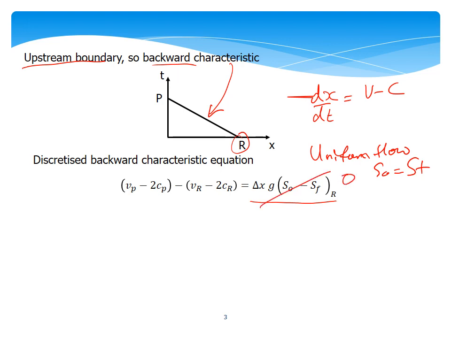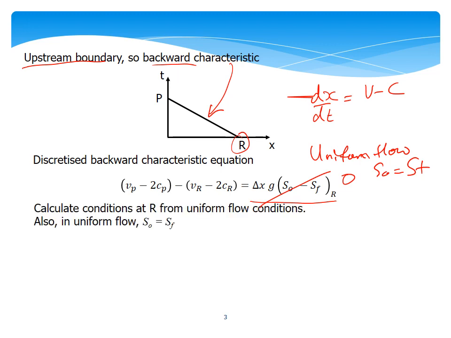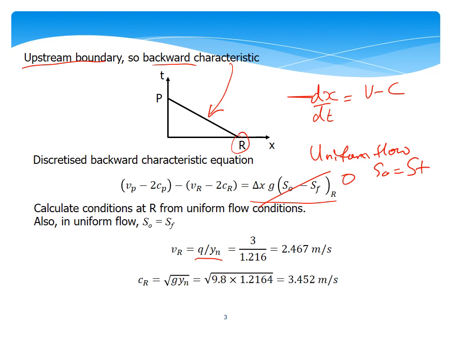We can calculate CR from the depth, and we can calculate VR. We calculate VR by dividing our q, which is 3, by our normal depth to give us a velocity. We calculate CR as the square root of g times yn. That comes out to be 3.452 meters per second, and the velocity in the channel is 2.467 meters per second.